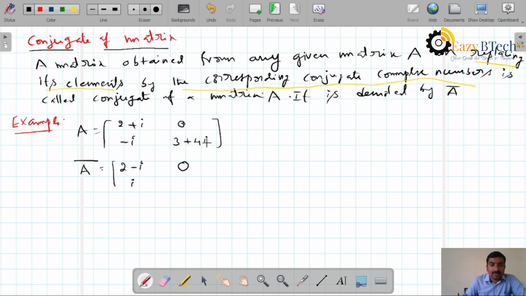Here 3 plus 4i, the conjugate of 3 plus 4i is 3 minus 4i. That means simply replace i by minus i. This is the simple logic. Replace i by minus i, then you will get a new matrix that is called the conjugate of that matrix. It is denoted by A bar. See one more example.